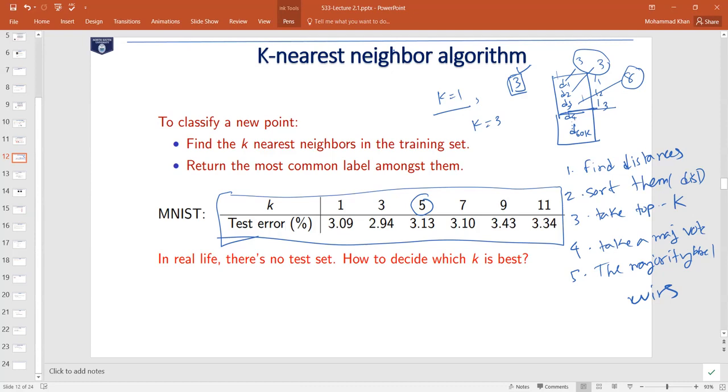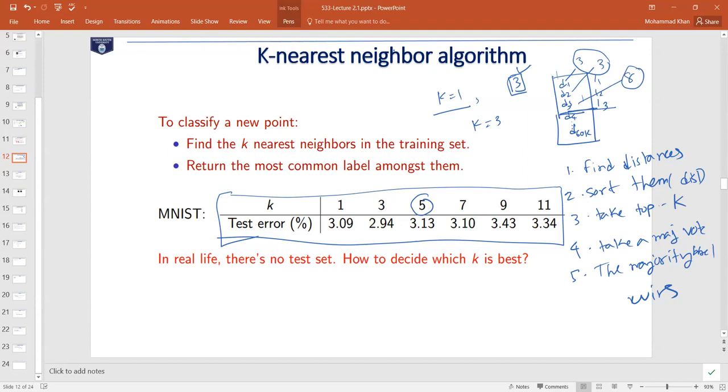If we take more neighbors, error drops a little bit, and then increases again, drops a little bit, and we see the trend. Maybe it will increase again. But the thing is, for 3, it is working best. So now we may have some confusion, like why is that the case? If we use more, normally it should be better. But we see that if we use more, it's not really better.